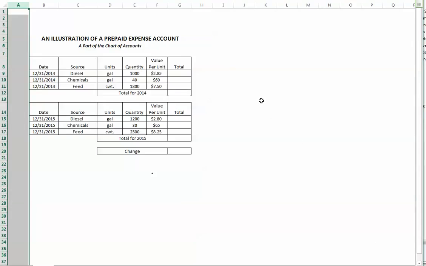If you go back and look, we had a prepaid expense illustration where we had things that we had bought at the farm at the end of the year but hadn't used yet. And you did a little exercise where you did these totals. Well, the totals right here are balance sheet entries. But the change in those totals was prepaid expenses, and that number would actually transfer over to the income statement.